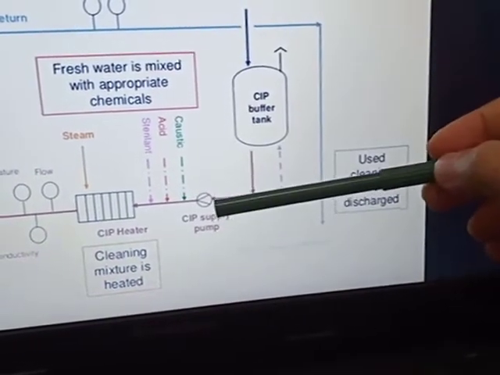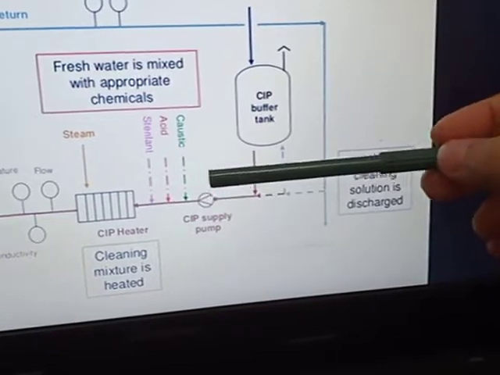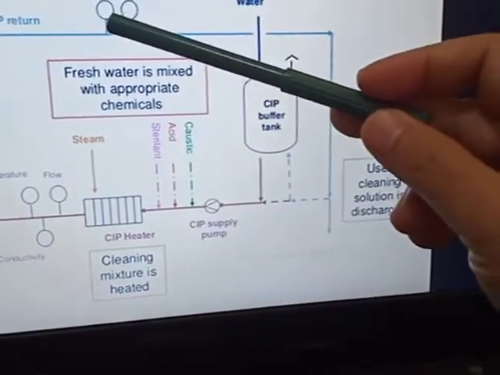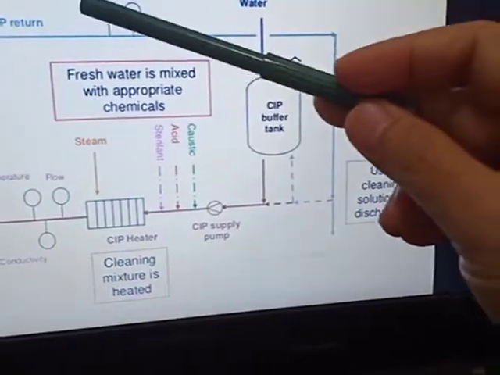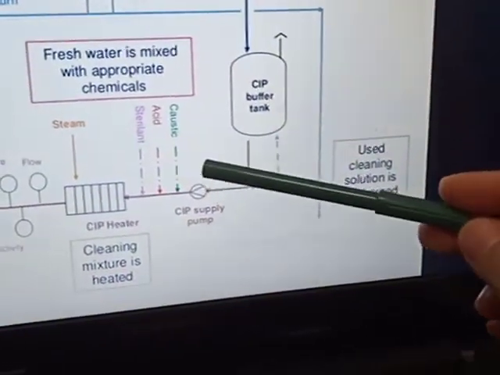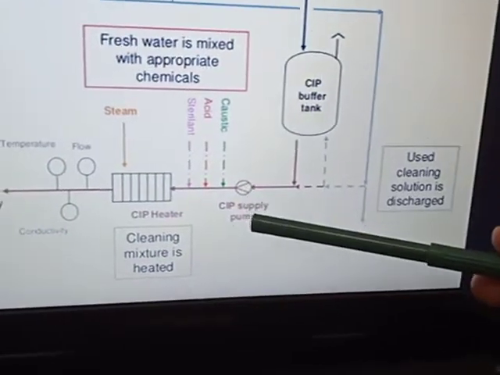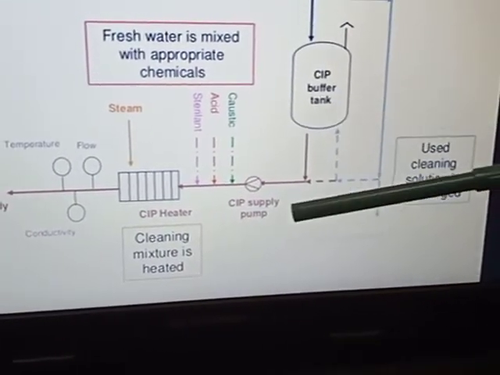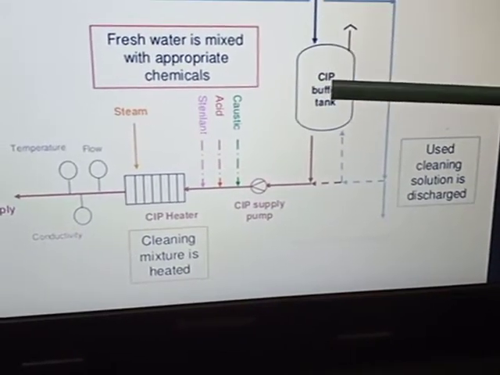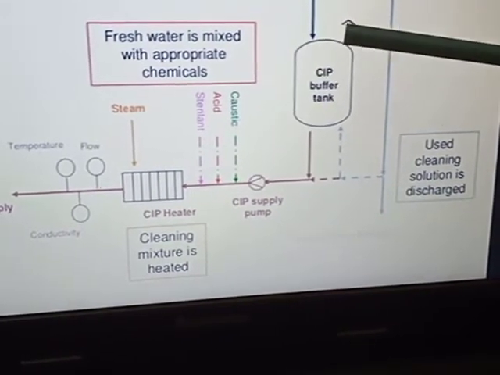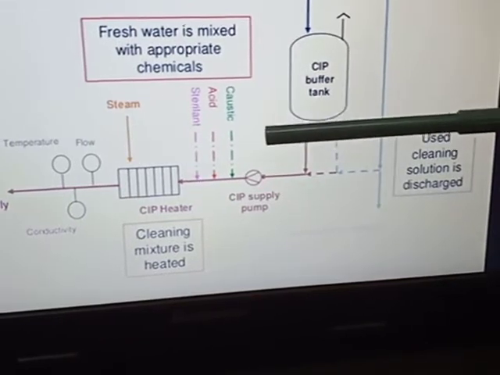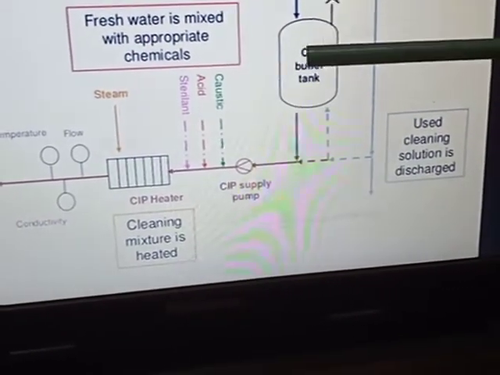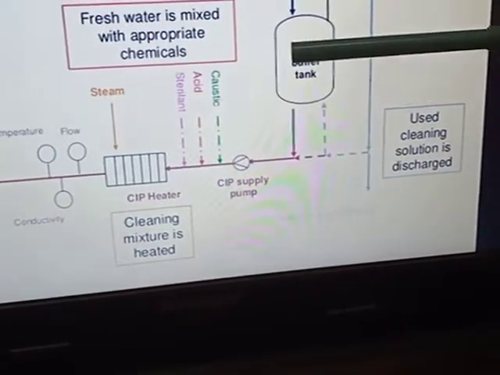All these are the engineering symbols: the symbol for a pump is like this, and the symbol for analysis equipment is like this, conductivity and flow. Then this pump pumps in the mix solution of water. This is the CIP buffer tank, together with cleaning chemicals.